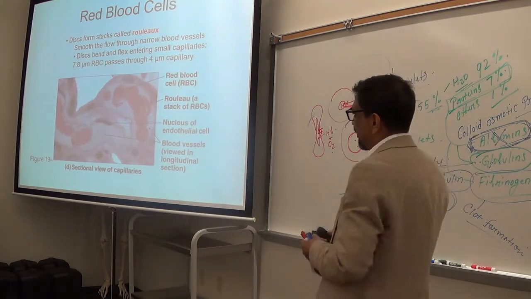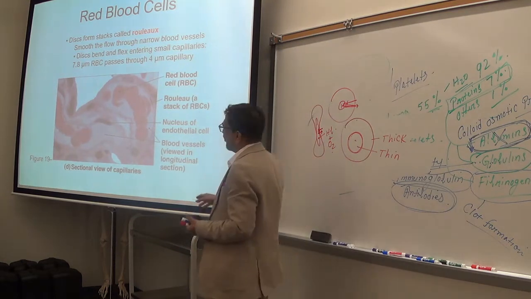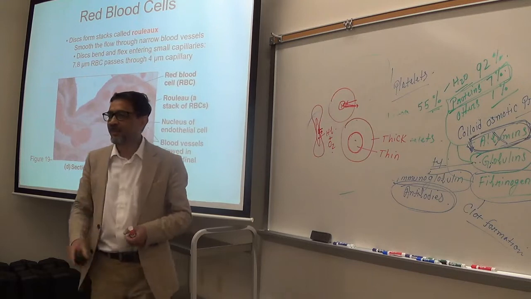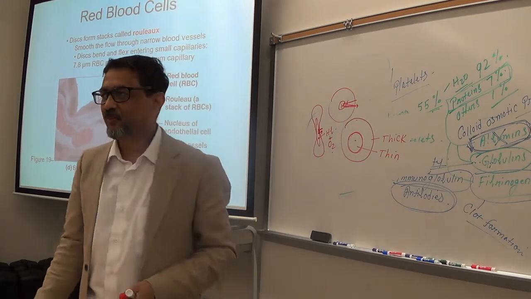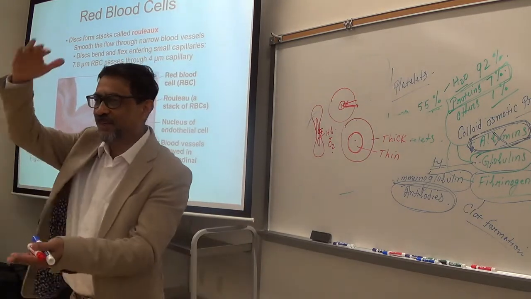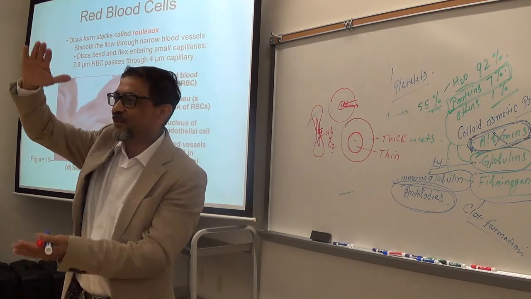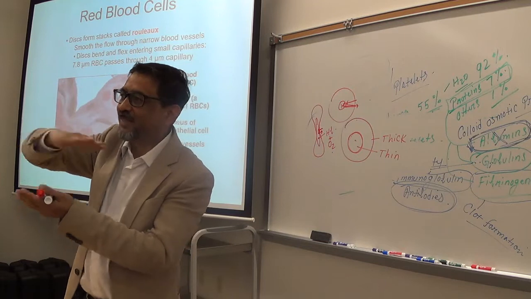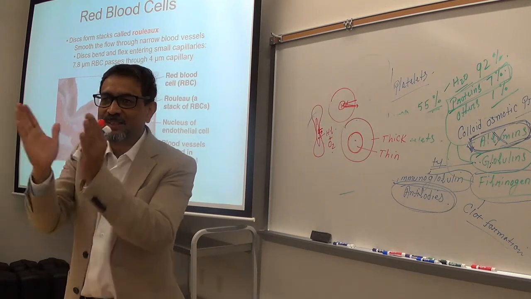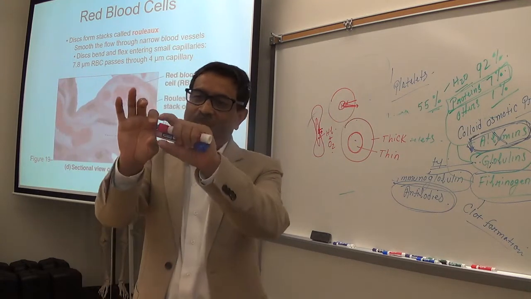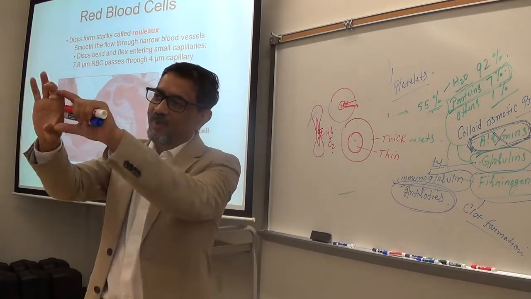red blood cells often form columns or stack together, like dinner plates. When you go to a big party, you see the dinner plates are piled together. So since the red blood cells are round, flat, like dinner plates, when they pass through capillaries, they get attached to each other like this and form columns.